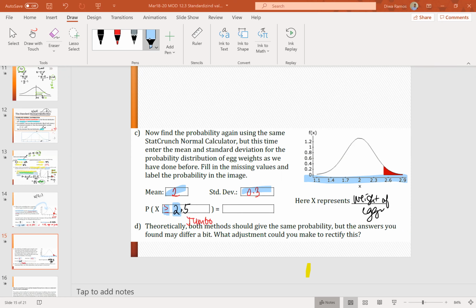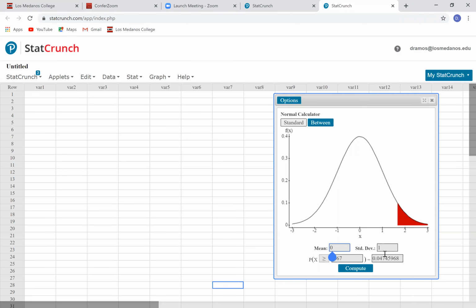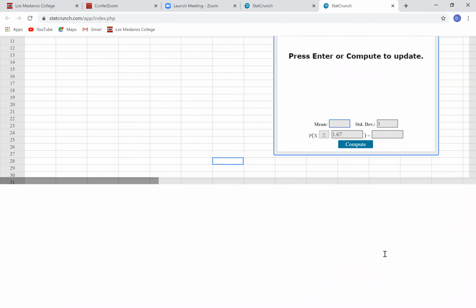our software. Okay, I'm gonna modify this to a mean of 2, and standard deviation of 0.3. Okay, and I think we're calculating 2.5, right? It's 2.5. So it's already greater than, so there's no need to adjust it.